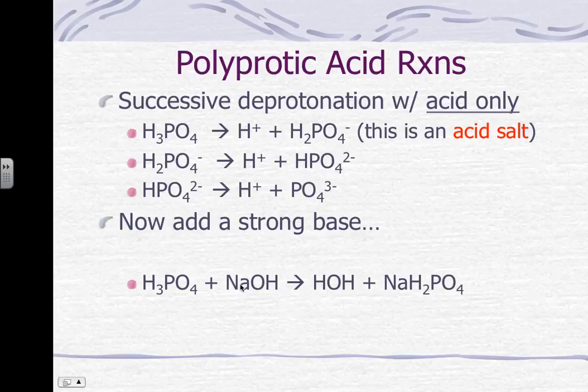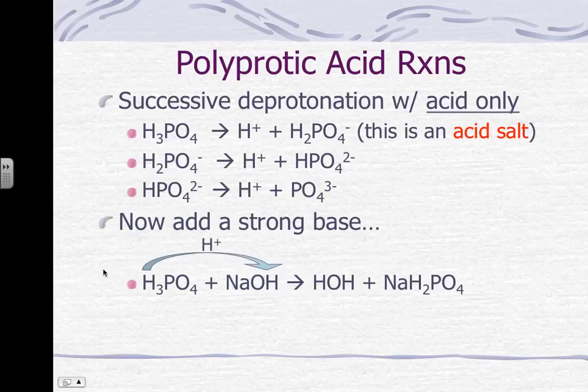Well, my base, NaOH, is a strong base, so it will completely dissociate in water. My sodium will go with that H2PO4. Remember, it had the negative charge? Well, here's the positive ion that balances the whole thing out, which is kind of cool to see, again, how you can manipulate these things. The hydroxide that would have broken off is now right here, and it paired with the hydrogen that I stripped off.